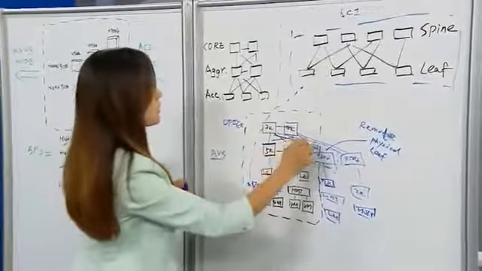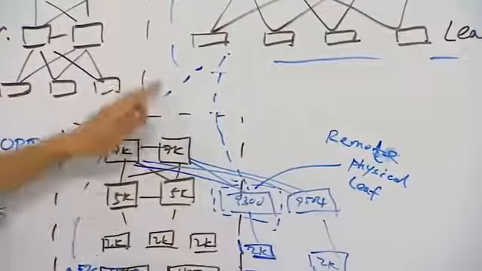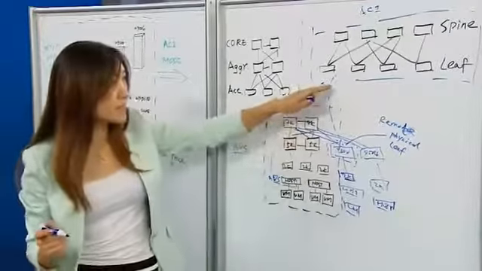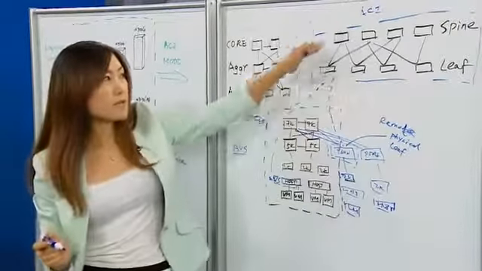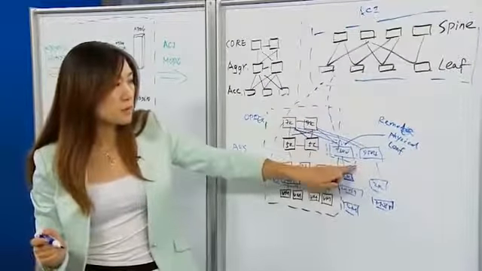It also functions as an extension of the ACI fabric, and extends the policy model from the ACI fabric across the network infrastructure to this remote physical leaf.